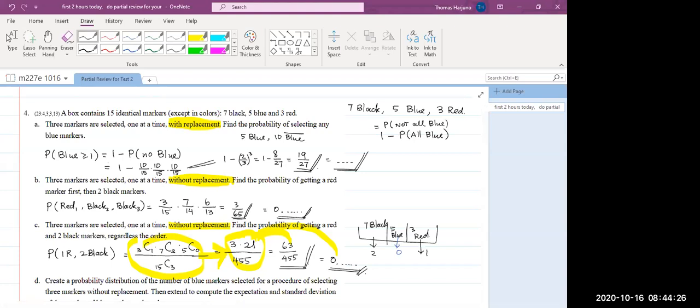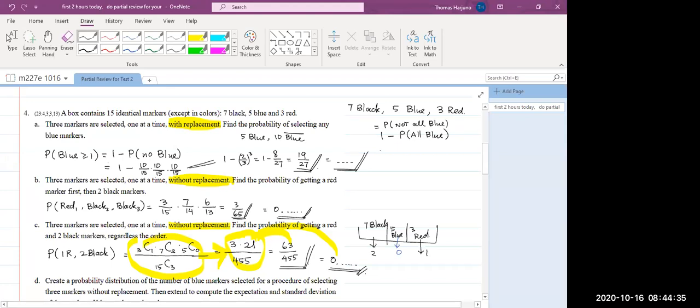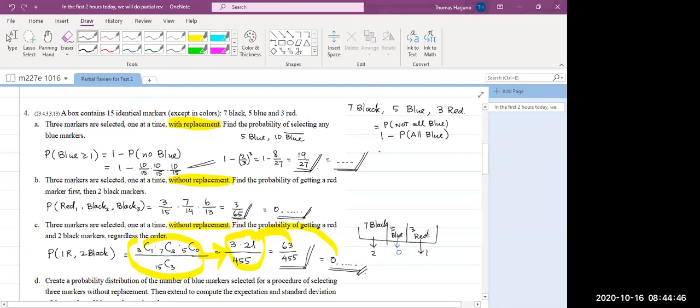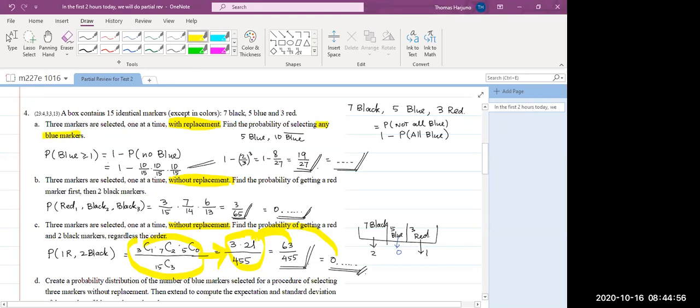I was just thinking 5 out of 15 times 5 out of 15 times 5 out of 15. Oh, so if you do 5 over 15 three times, you are computing the probability of all blue. Now the complement of probability of all blue is not all blue. While here the probability of selecting any blue markers, the word any there means at least one. Okay.